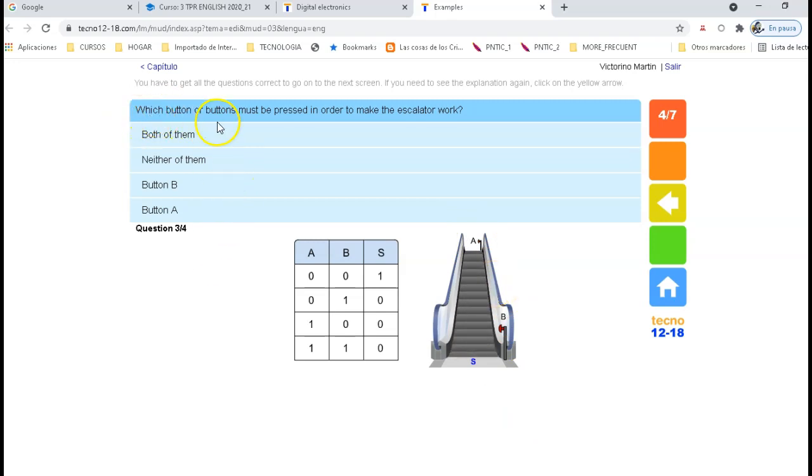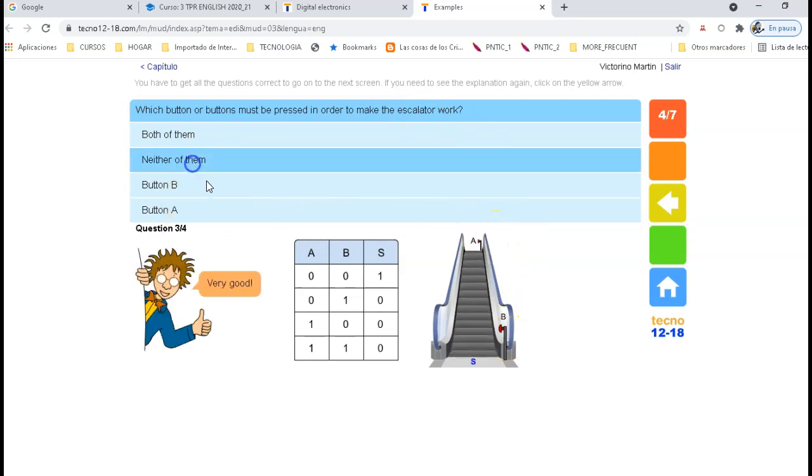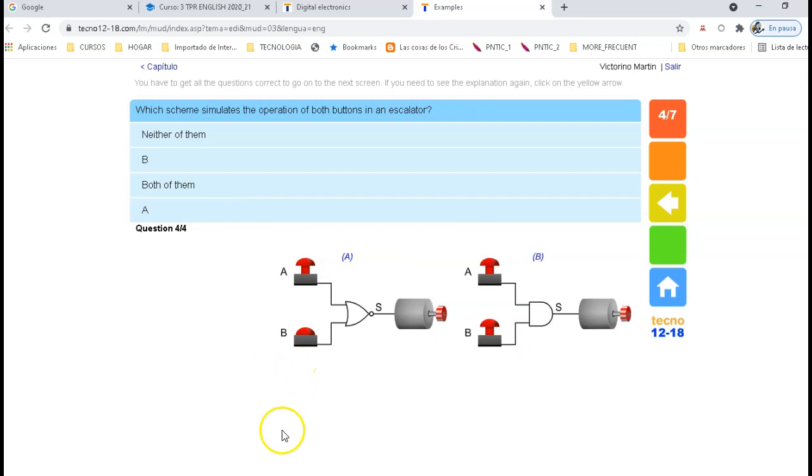So the question is, which button or buttons must be pressed in order to make the escalator work? Both of them. Look at the question carefully. So neither of them. Okay, by default the escalator is working. These push buttons are emergency buttons. So this one is the right answer.